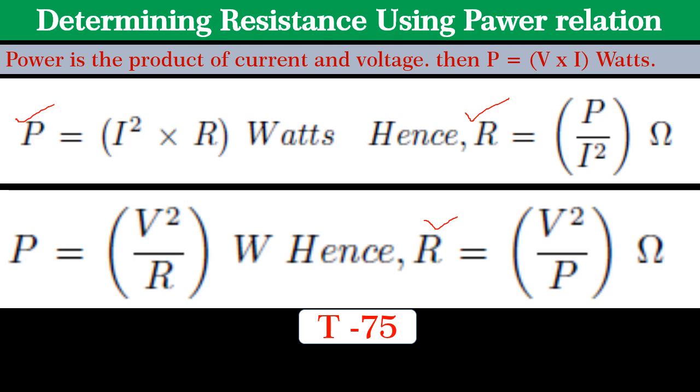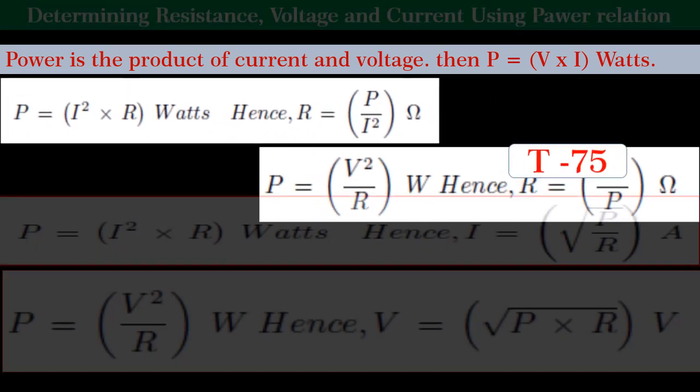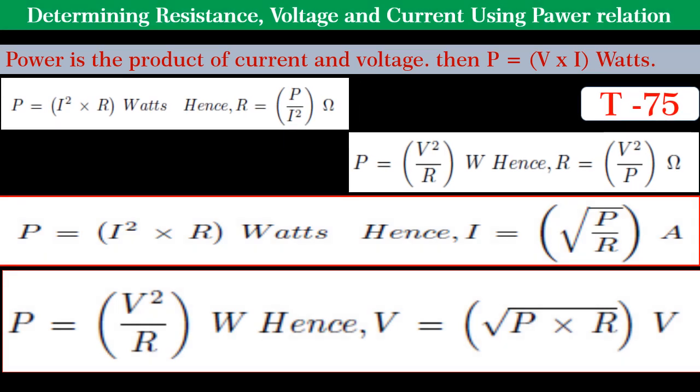That is simple. Similarly, we can get the equation for the current. I is equal to square root of P divided by R amperes, and V is equal to square root of P into R volts.